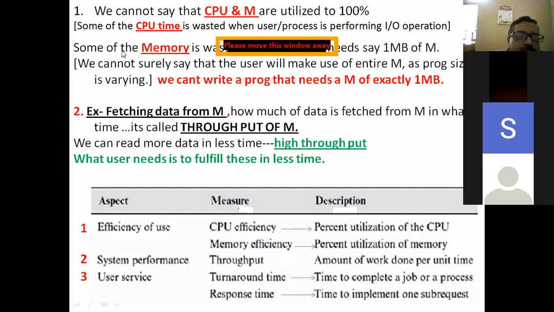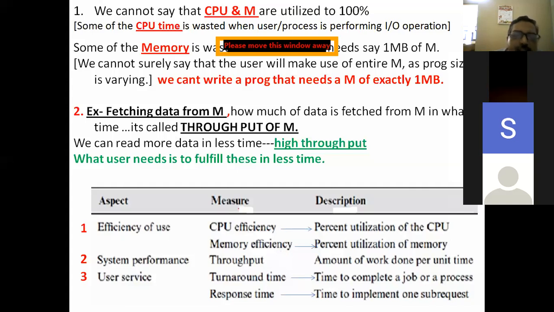If I say some of the memory is wasted, for example, suppose I reserve 1 MB of memory for any process, and we are not sure that our process will make use of the entire 1 MB of memory. Why? Because nobody can write a program of size exactly 1 MB. Hence, we do expect some wastage of memory. Why? Because the program size or process size may vary.